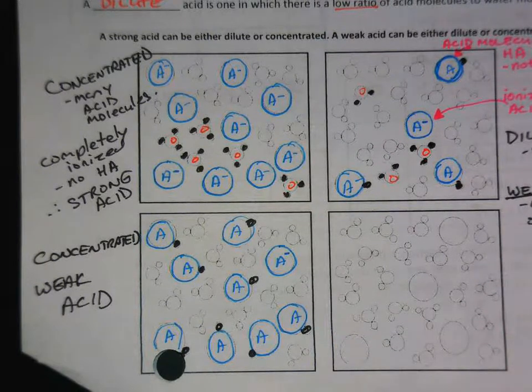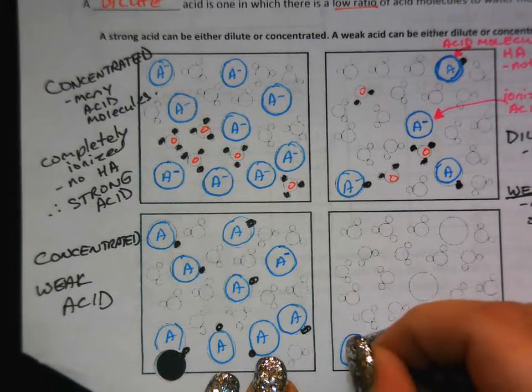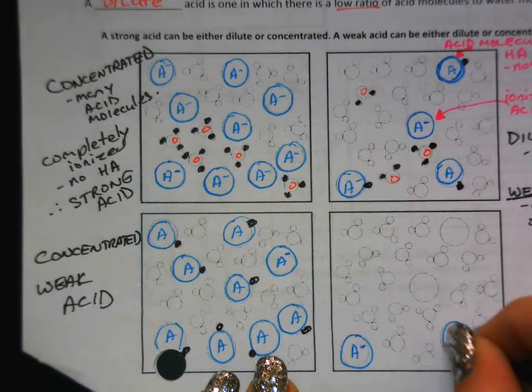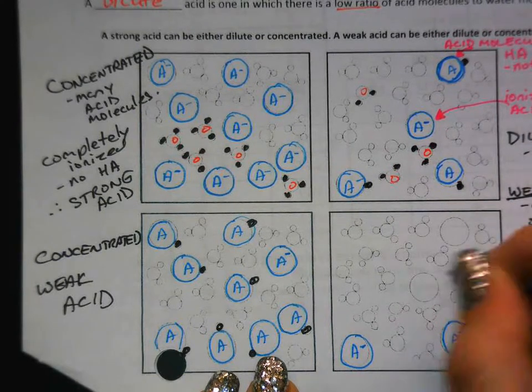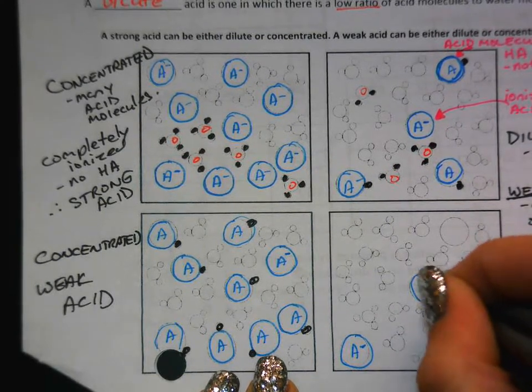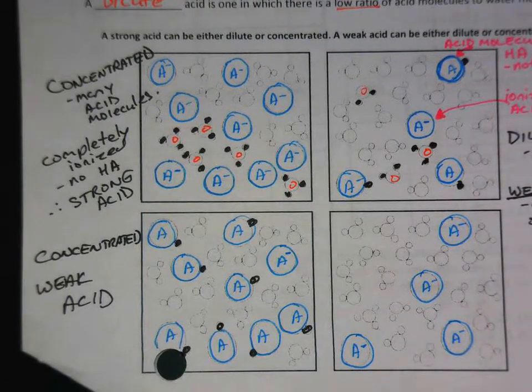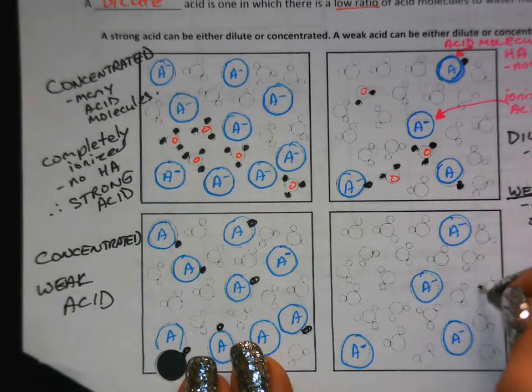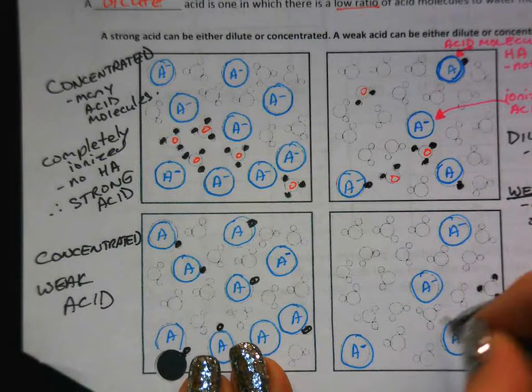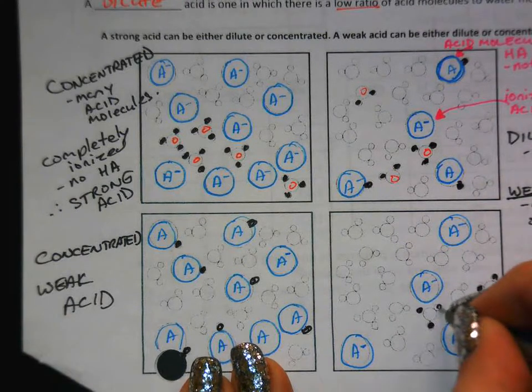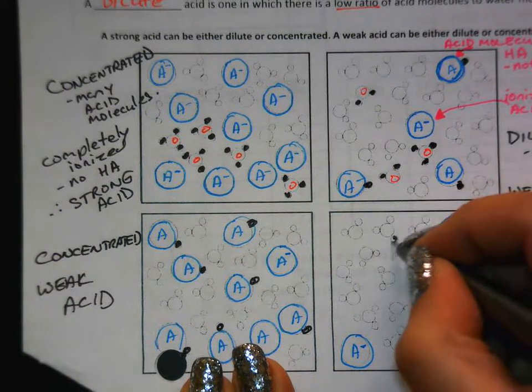Our final one, we've got an acid over here that's lost its hydrogen, an acid anion here, an acid anion here, and one over here. And we should have, here's a hydronium, here's one hydronium. Ooh, any more? There's another one.